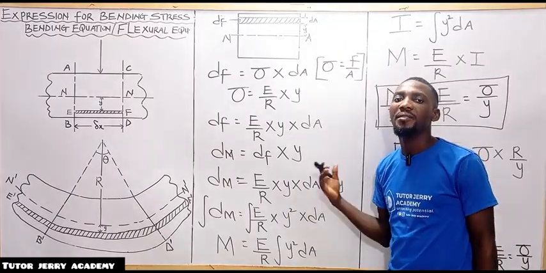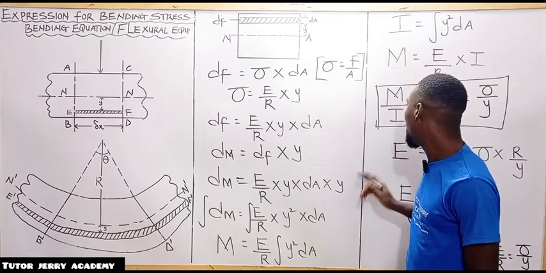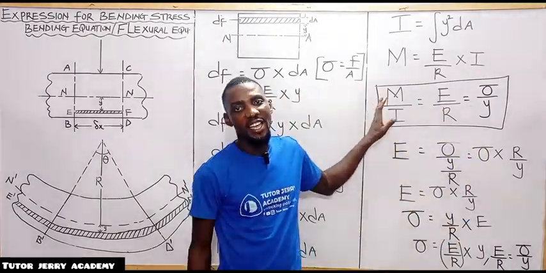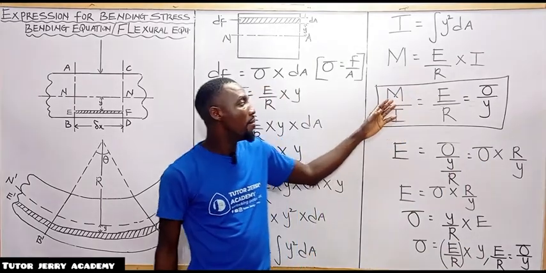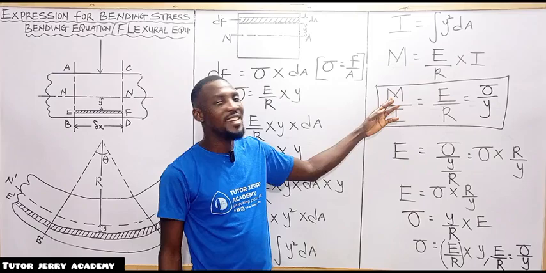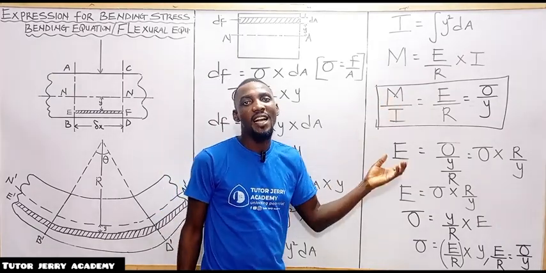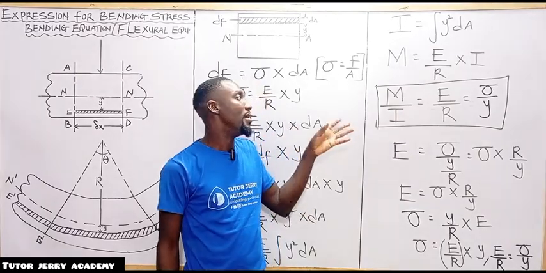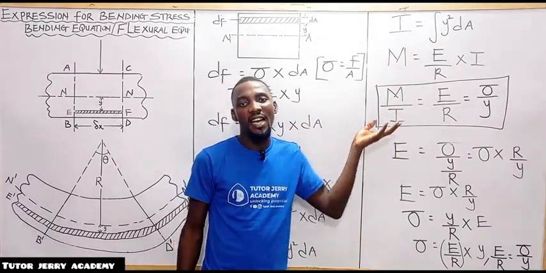So this equation here is known as the expression for bending stress, or the bending equation, or flexural equation. All right, so one after the other, our M here means the bending moment, and the unit can be Newton millimeter or Newton meter.